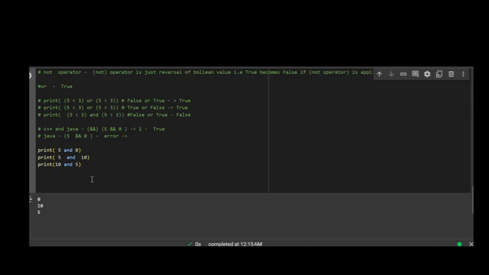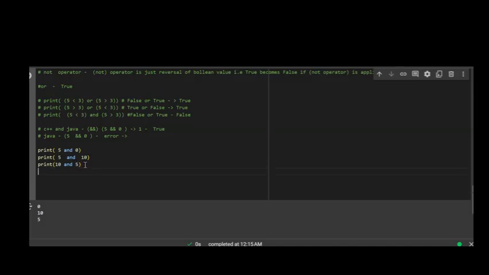So 10 is getting evaluated, AND is getting evaluated, 5 is getting evaluated, and it gives you 5. Here the short circuiting also doesn't seem to be there, right? 5 is also appearing, so it is not taking it as true or false, or even if it is, it is giving you 5.